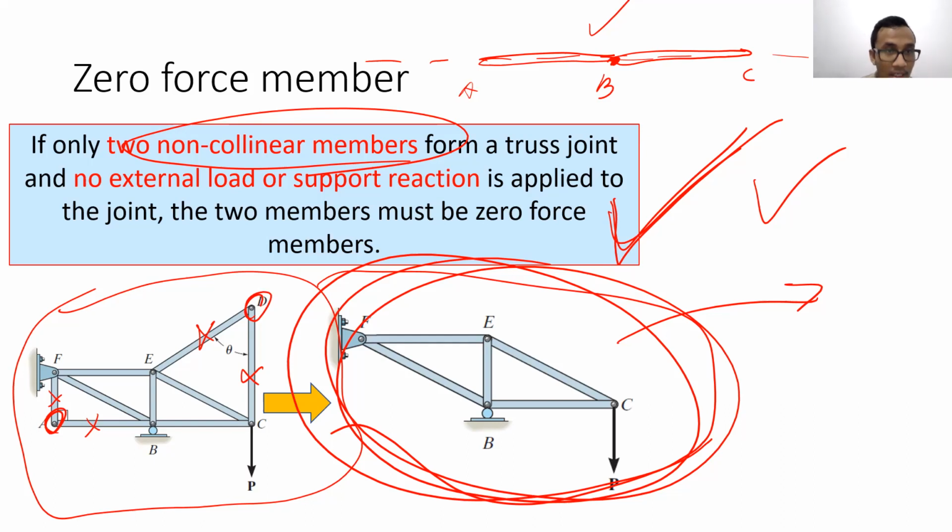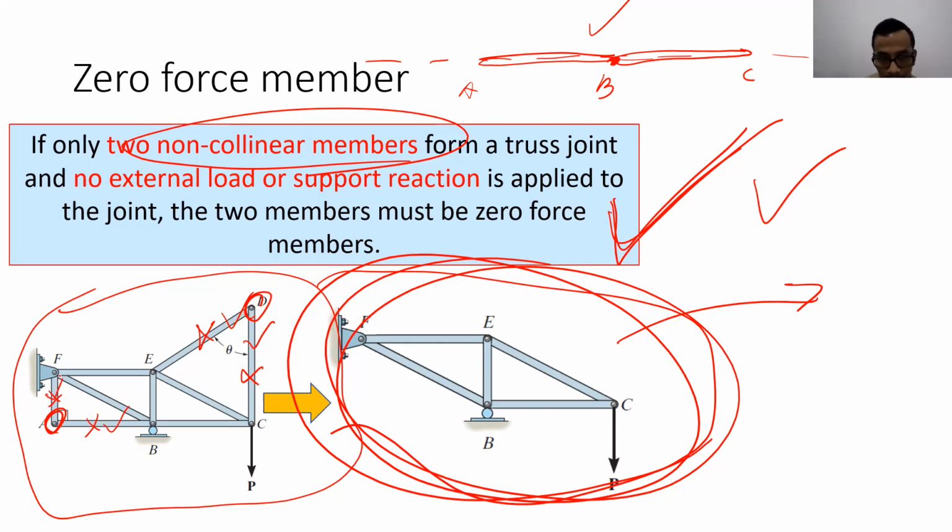There are two kinds of conditions. The first one is if there are two non-collinear members that meet at one trust joint, and there is no external load or support reaction at that particular joint, then those two non-collinear members will become zero force members. Some of the examples are here, like this member and this member, this member and this member as well.